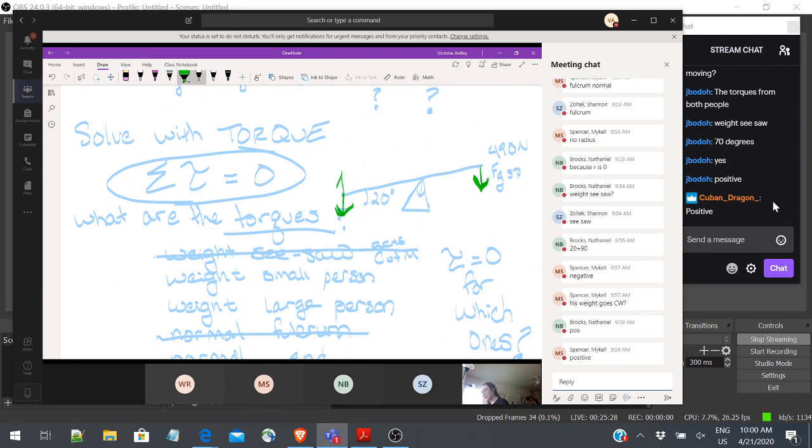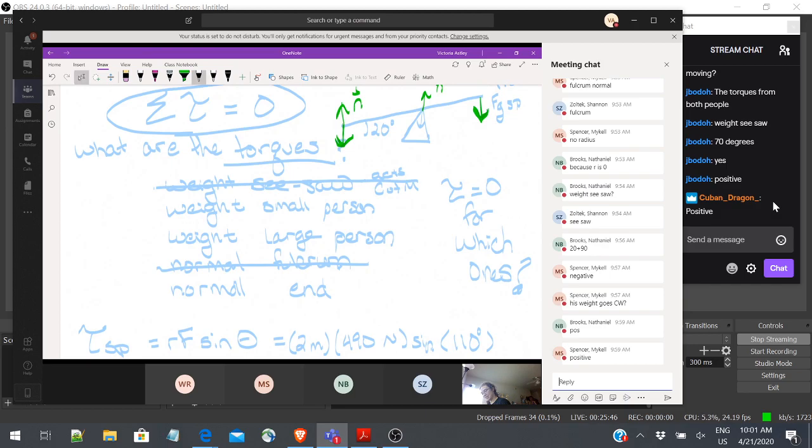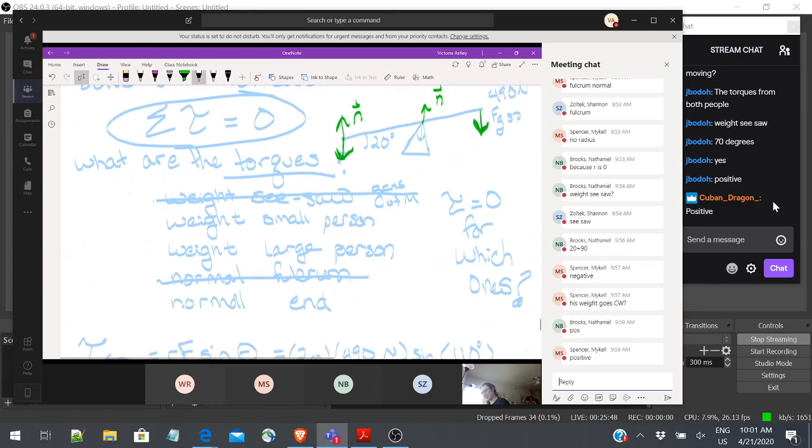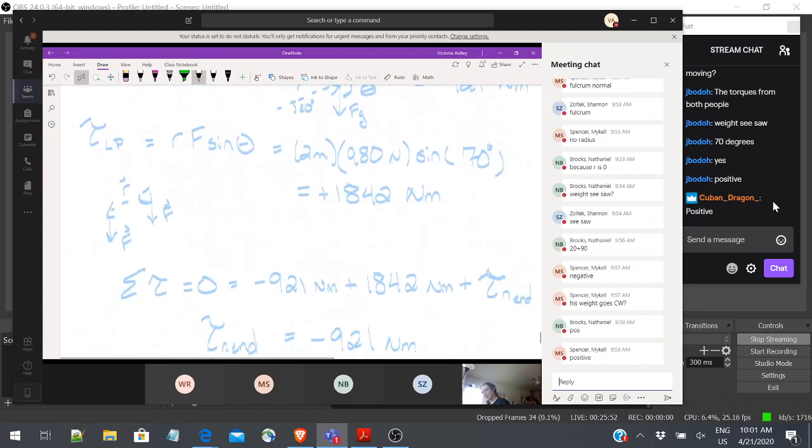And then we have a negative torque from the normal force here. Okay. All this making sense?